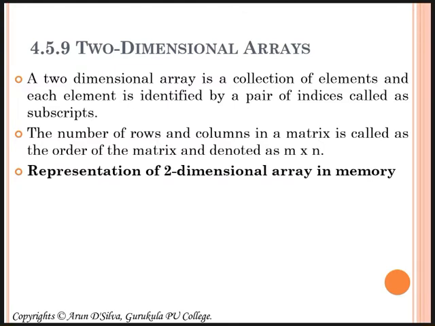The two-dimensional array is represented in memory in two ways. One is row major order and the other is column major order.